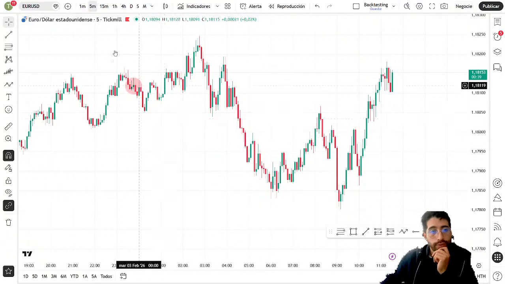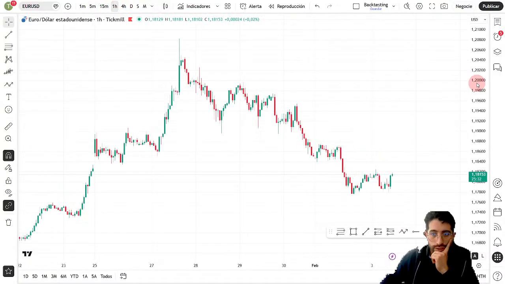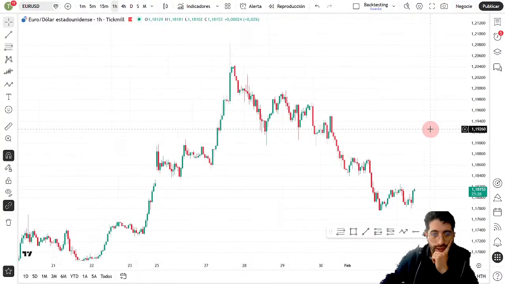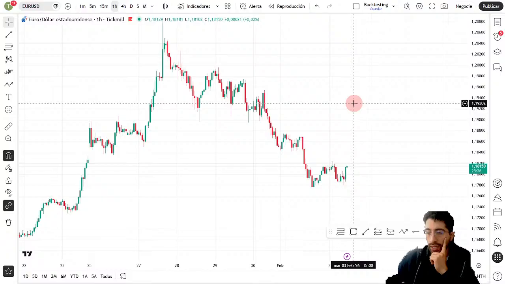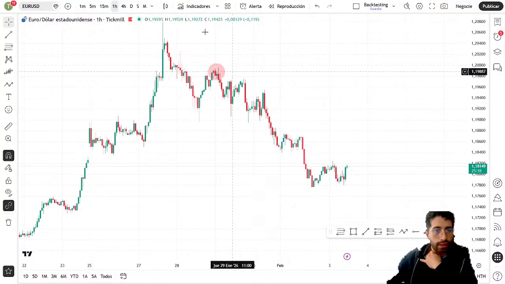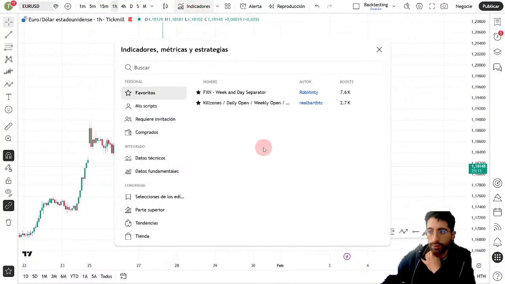What I mostly use for this strategy is chart analysis. I don't like to use indicators like RSI or any other type of indicators. I don't use waves or anything like that. I'm not used to it. But I do use some tools to watch the market, right?